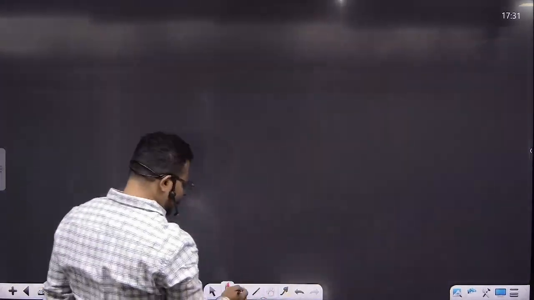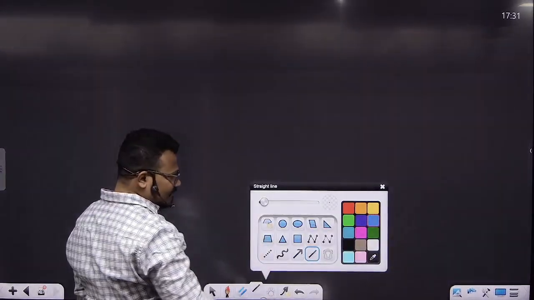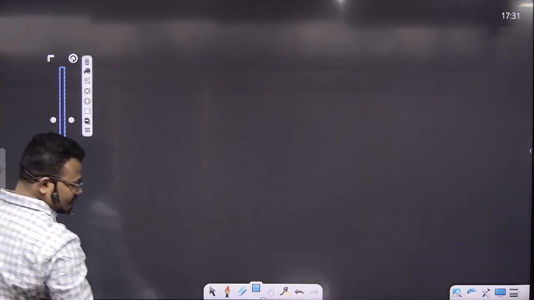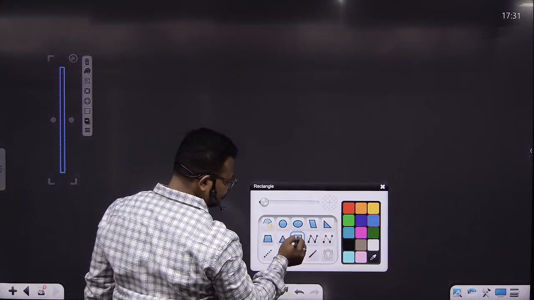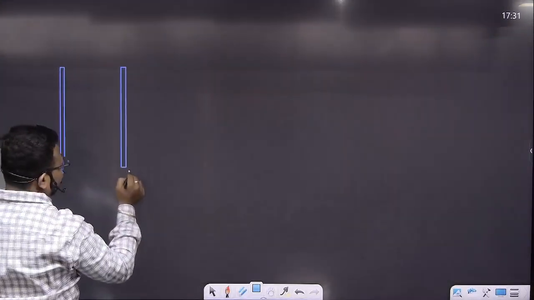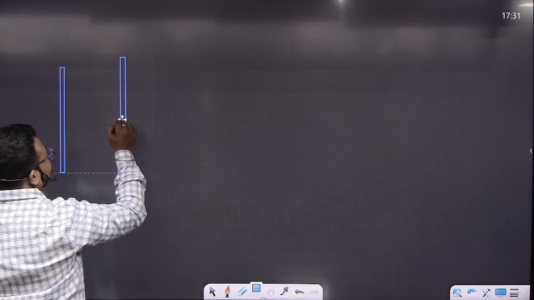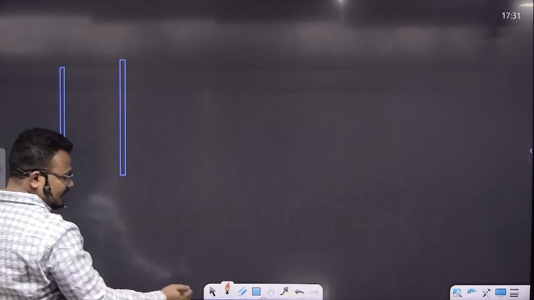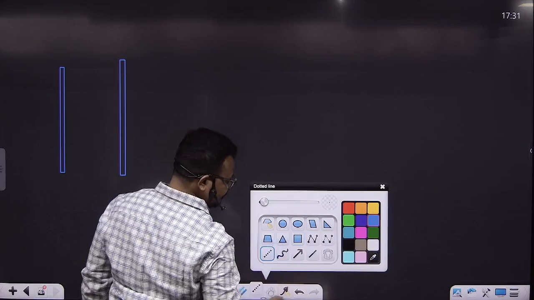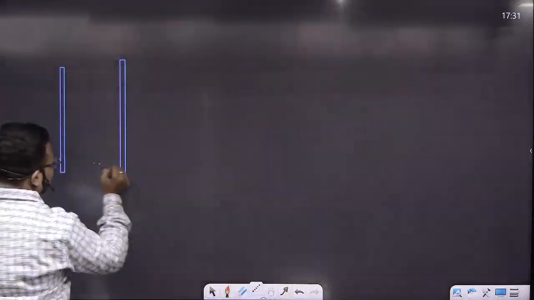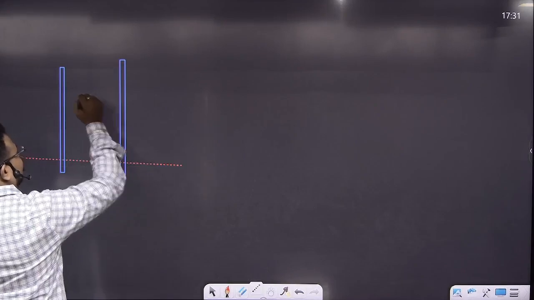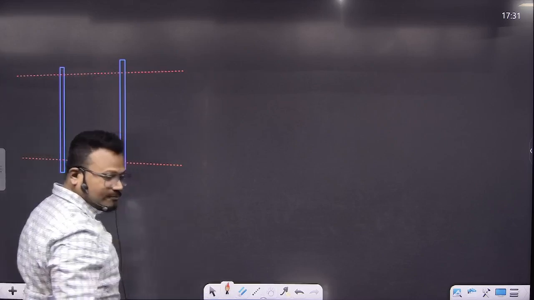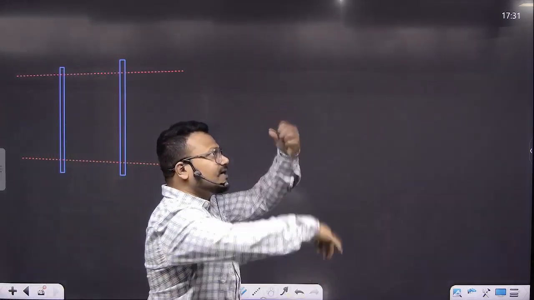So we'll see the vertical case also. Like a person, one boy is holding a rope and climbing up.